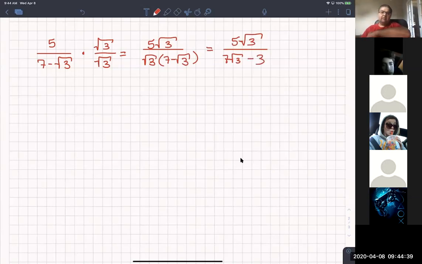Does that solve my problem? No. So we can't just multiply by a radical when we have a binomial.